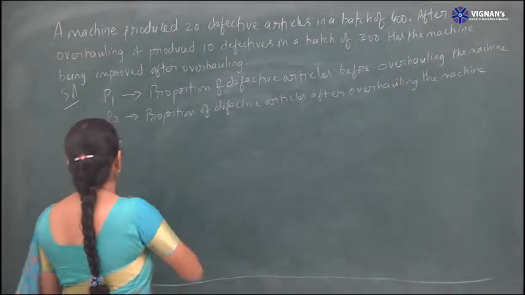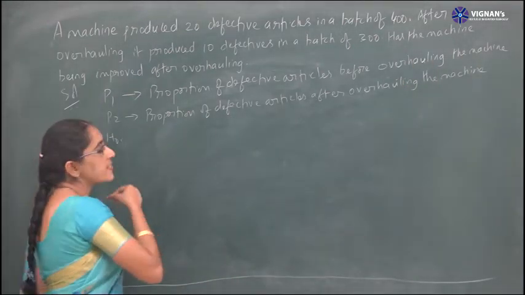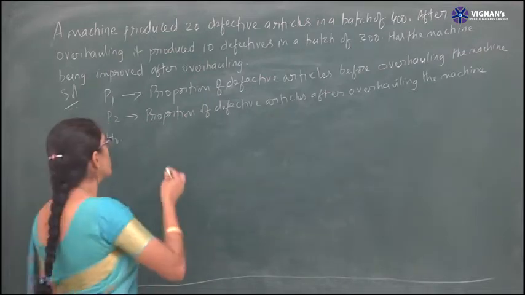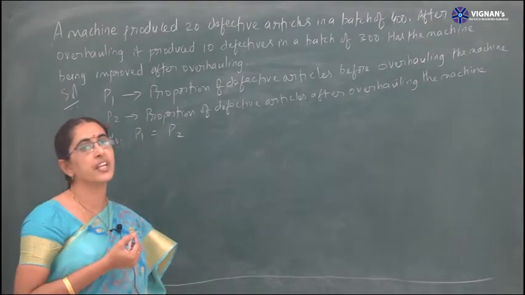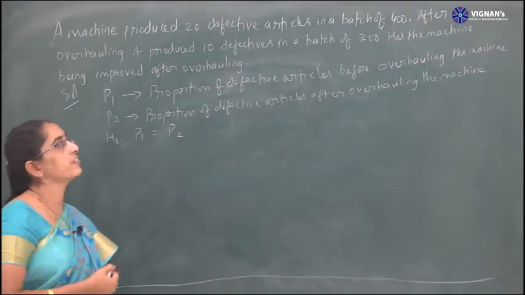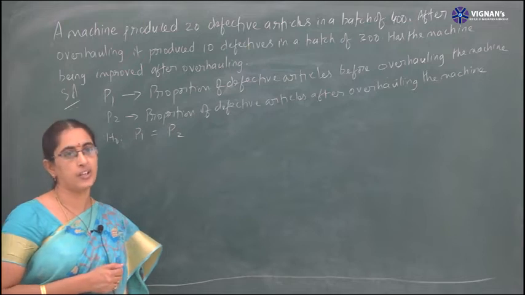Then our null hypothesis is always an unbiased statement. So capital P1 equal to capital P2. That means there is no significant difference in the proportion of defective articles before and after overhauling the machine.